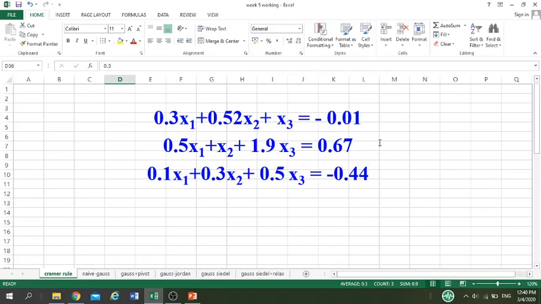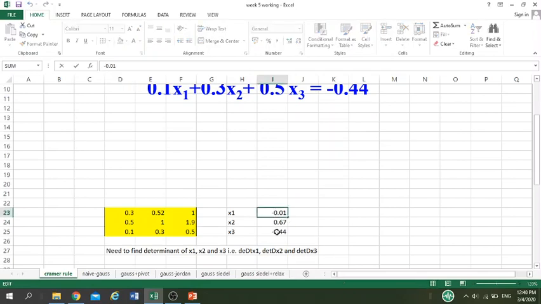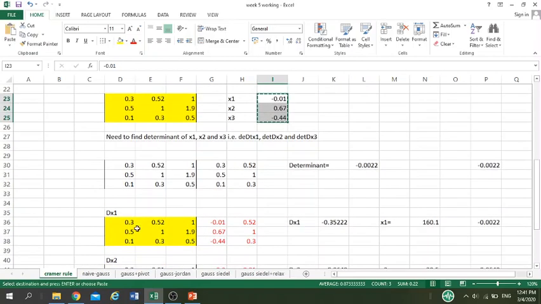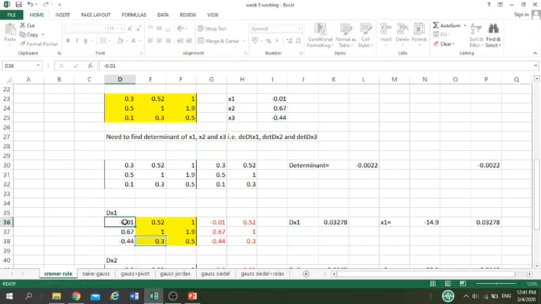So I copy this. We replace the first column with the values of the answers, and then we repeat the steps that I have demonstrated to you to find the determinant for x1.